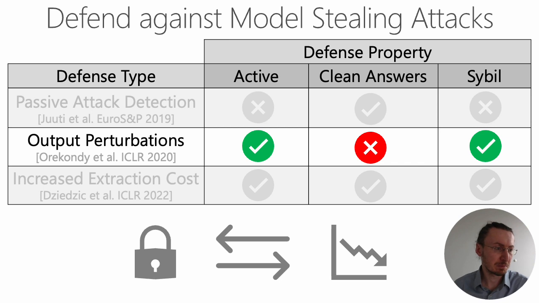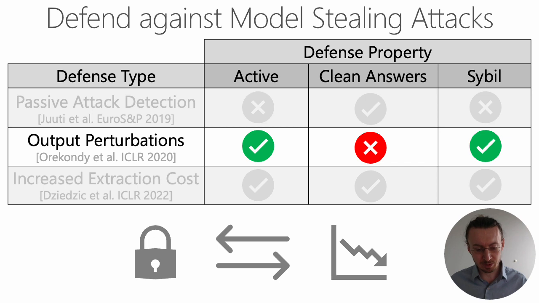The second defense, output perturbations, is an active defense. This type of defense perturbs the outputs to poison the training objective for the attacker, and these defenses have a trade-off between higher robustness and lower utility of the outputs. The more we want to protect the model, the more the legitimate users have to suffer, because we lower the quality of the outputs.